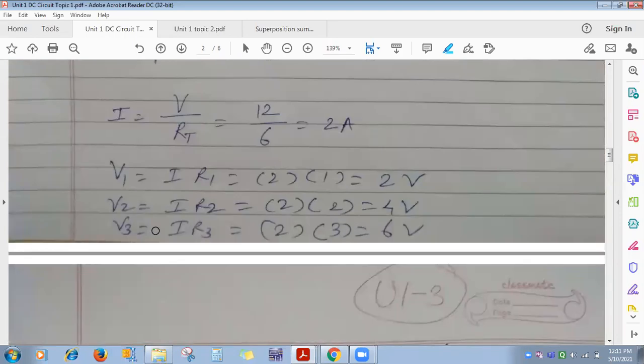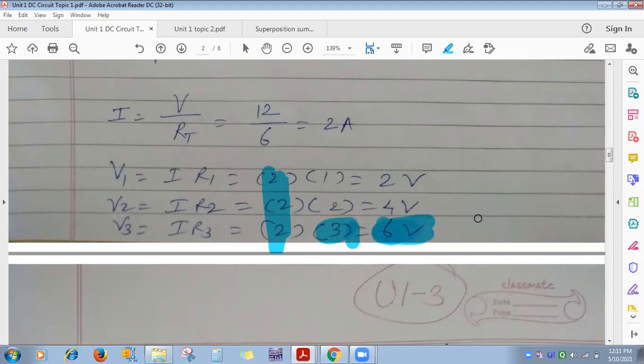As the same current is flowing, this one parameter is the same. The more the resistance, the more is the voltage drop across that resistance when the resistances are connected in series.